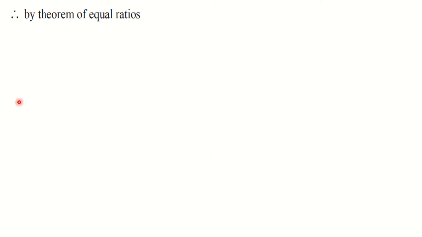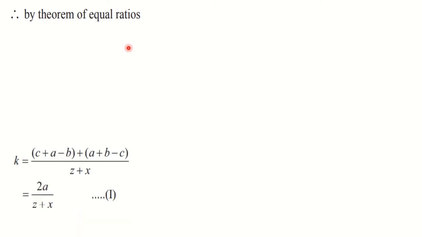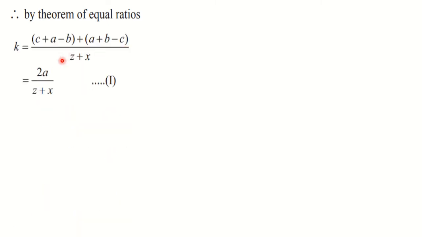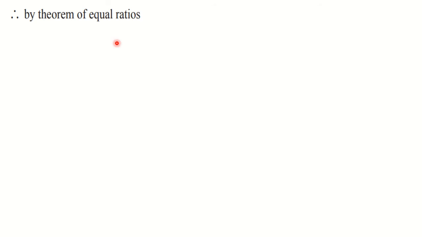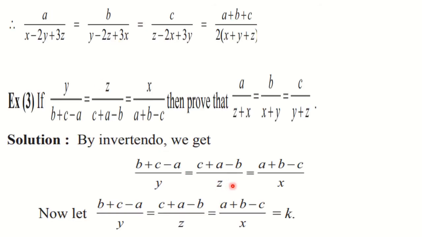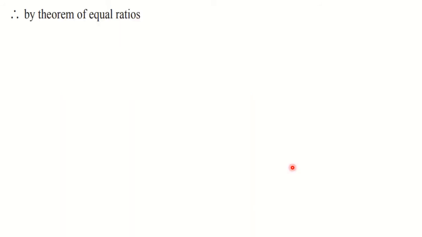So write down in common, by the theorem on equal ratios, the first thing that we want, z plus x. Okay. So you have to add these two ratios. Whatever you have here, see, z plus x. So this is c plus a minus b plus a plus b minus c.